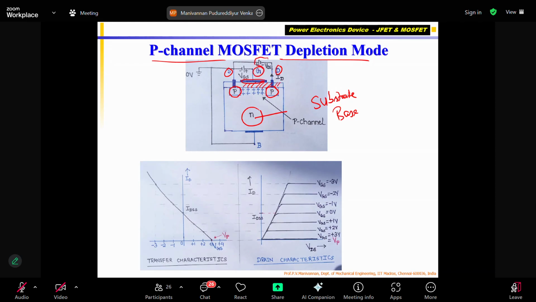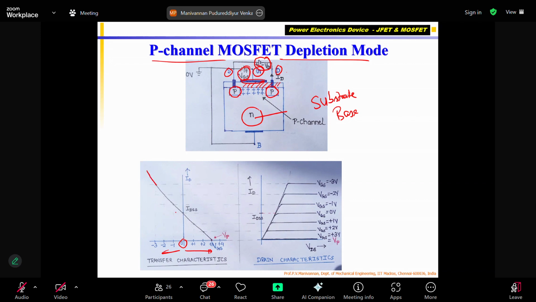You have to give a negative voltage to the drain, positive voltage to the source in P channel, and a positive or negative voltage can be applied as a gate control. Again, you can see here, correct? This is the control voltage VGS, positive or negative. Accordingly, the ID can vary.